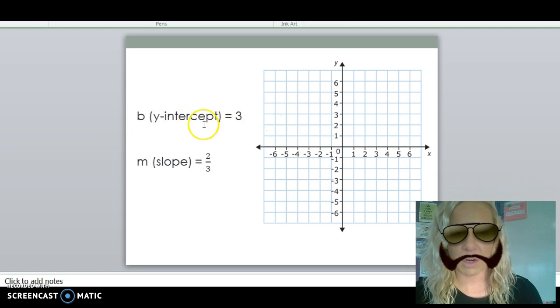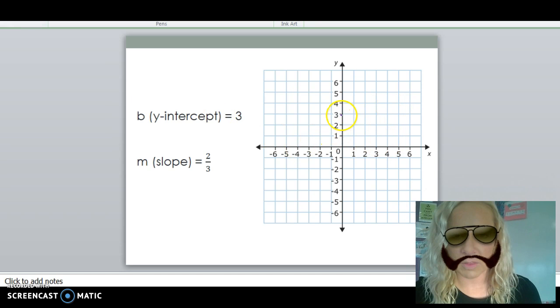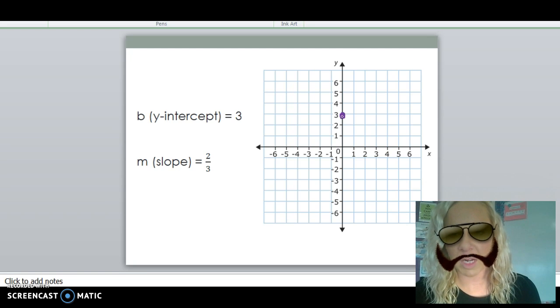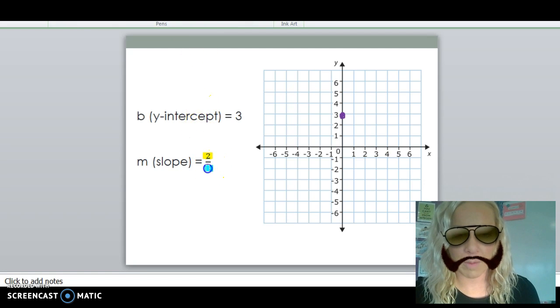On this problem here, the line crosses the y-intercept at 3, meaning on our y-axis, the line crosses at 3. I can now use slope to determine where the next point will be. Going back to slope, our numerator is our rise, our denominator is our run.